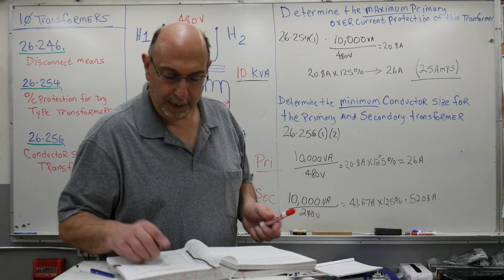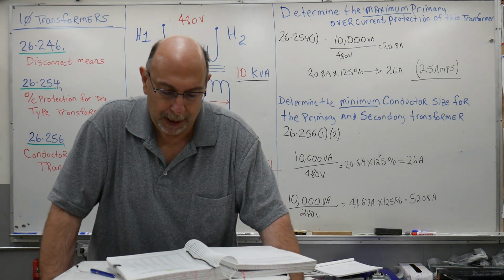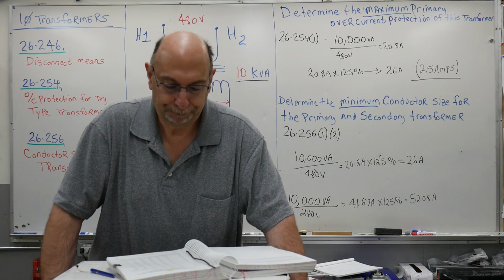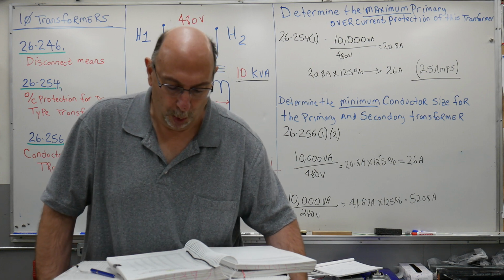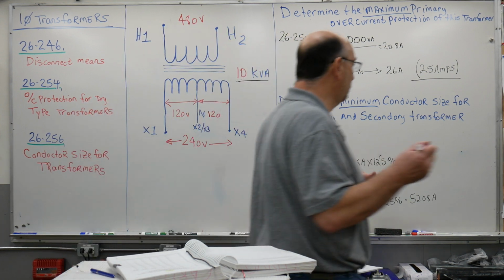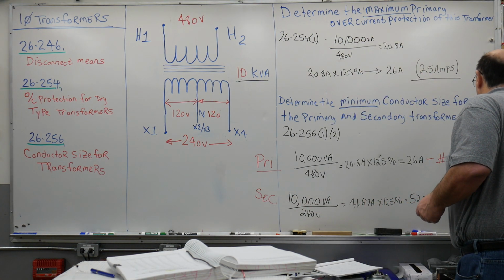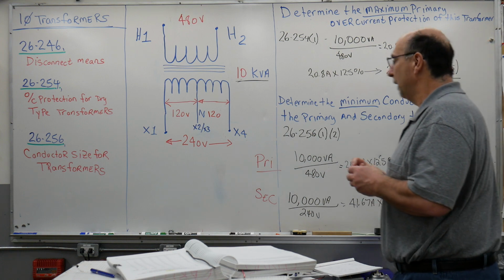And oh, hey, does number 12 fit into this category? Unfortunately not. It's only good for 25 amps. So we are going to have to go with a number 10 copper conductor on this. Number 10.